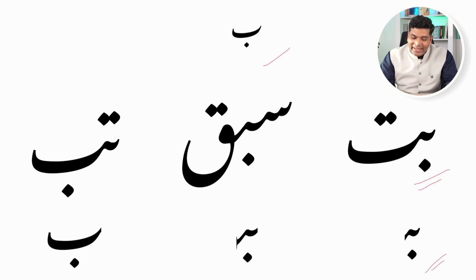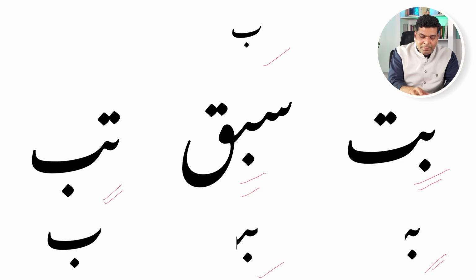There it truncates. It truncates after the initial part of Bay, and a nokta is there below. Similarly, in the second word here, called Sabak, the Bay is in the middle, and you will find that again it truncates, with a nokta below. But in the third word, where the Bay is at the end, which is Tab, the full Bay appears.